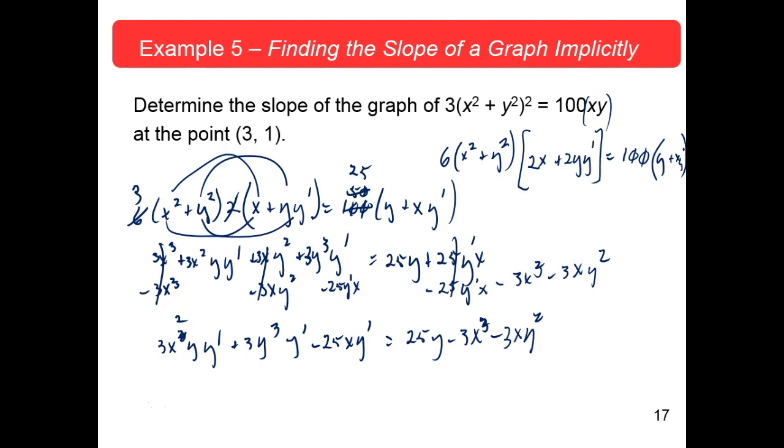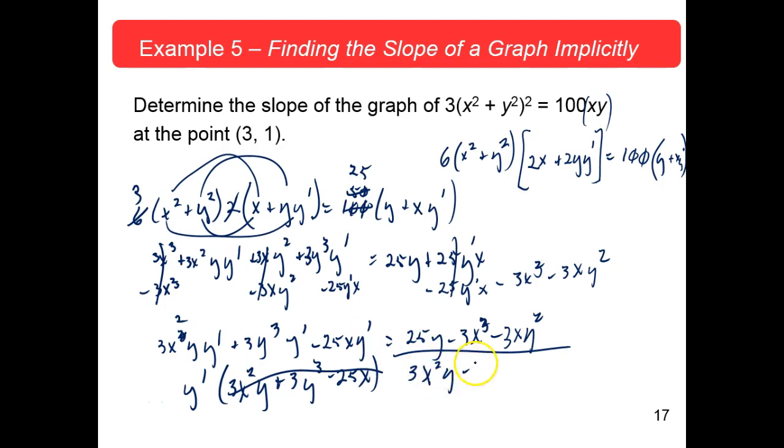Factor out the y prime. And what are you left with? 3x squared y plus 3y cubed minus 25x. And what we're going to do with that is divide it over here. 3x squared y minus 3y cubed minus 25x.